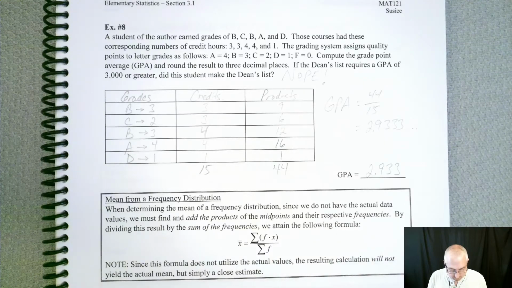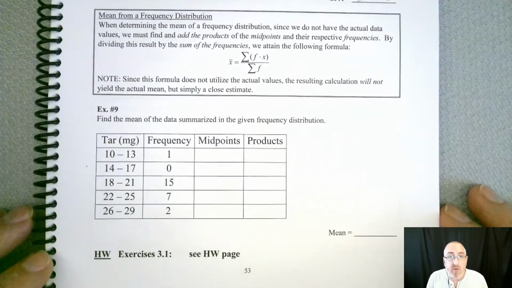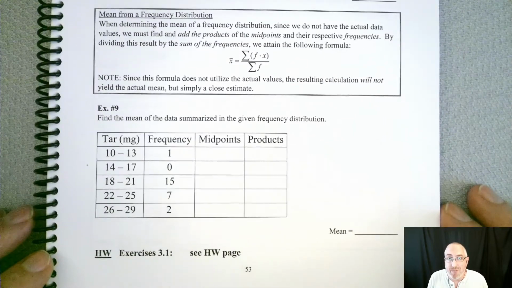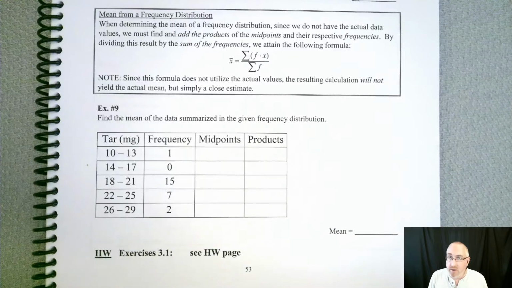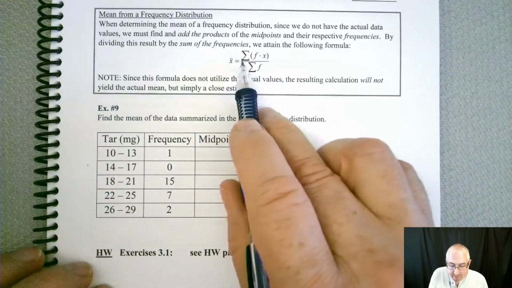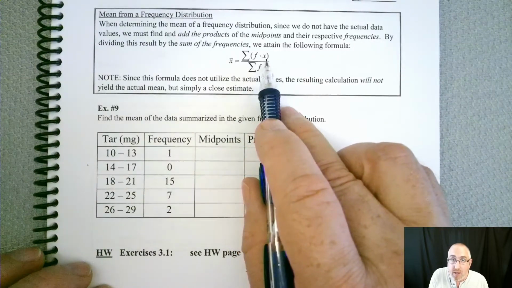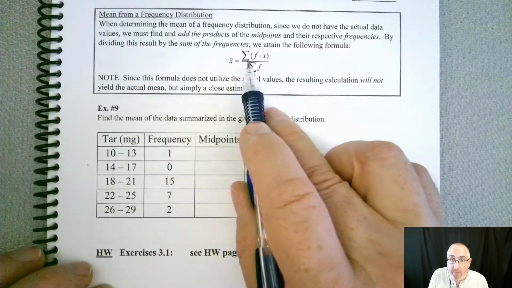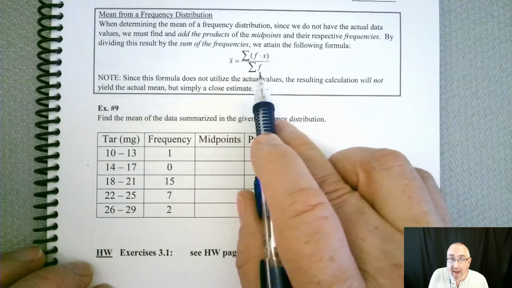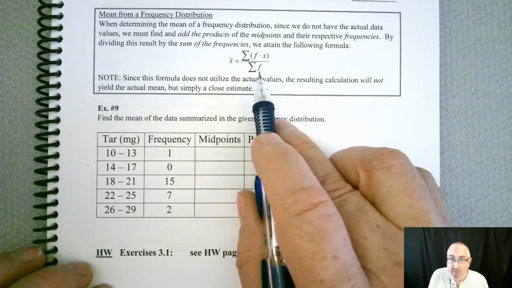Now, the last problem, which I'm going to squeak into this video, is the mean of a frequency distribution. So very, very similar to our weighted mean process. We're still going to be multiplying our frequencies times our values, and then we got to add those up, and then we want to add up the frequencies, and that's what we're going to divide by.